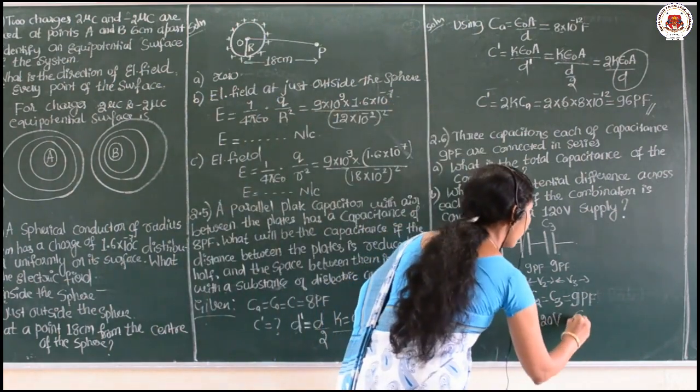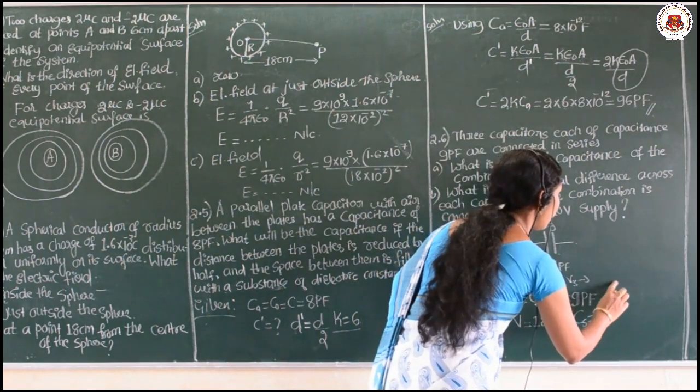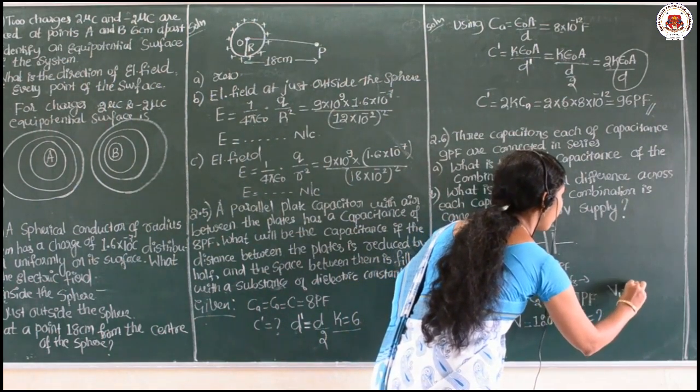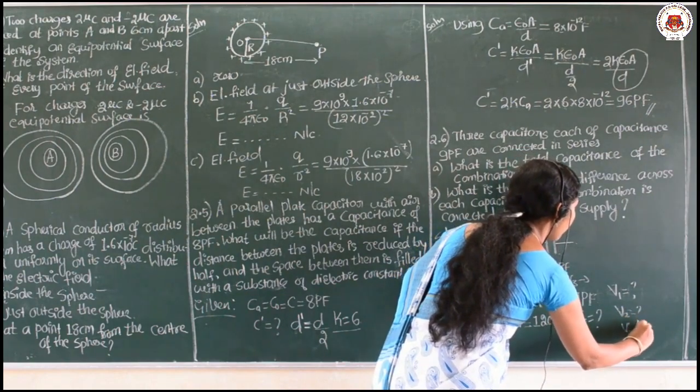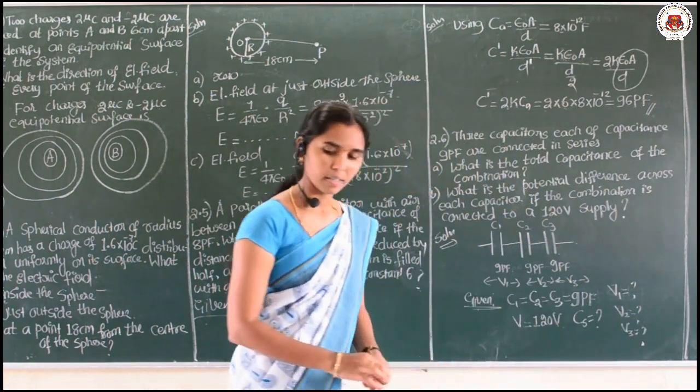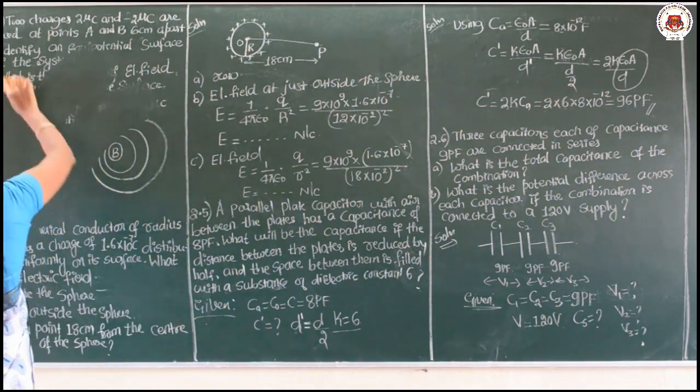Firstly we need to calculate what is the Cs, then next what is the value of V1, V2 and V3, right. Then let us continue its part here.